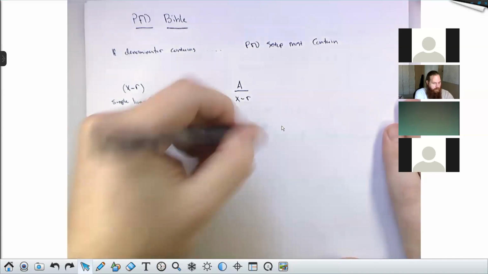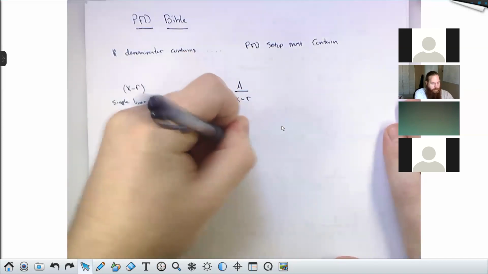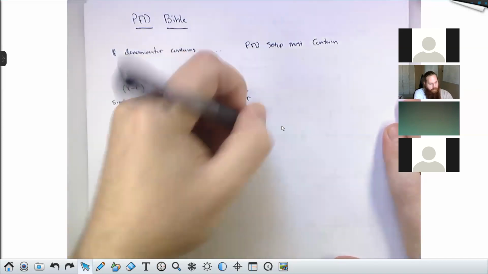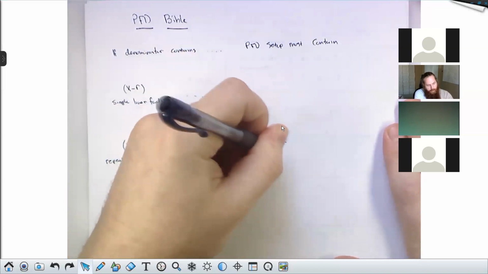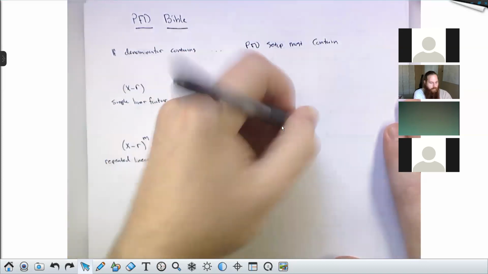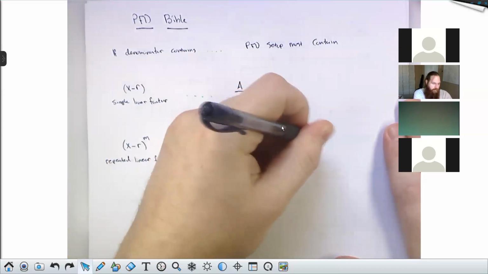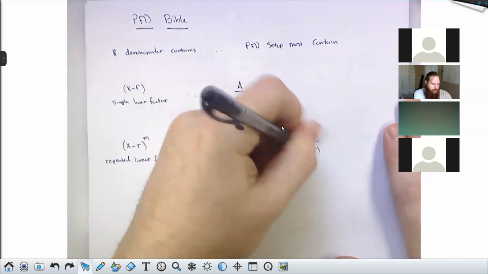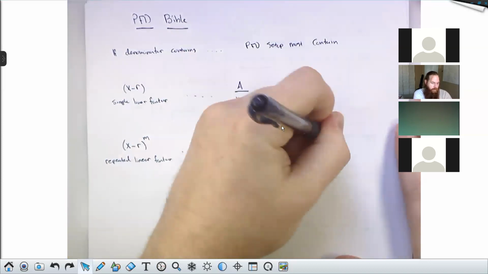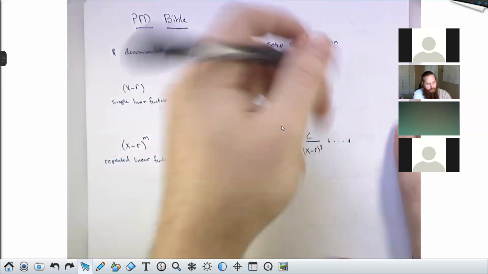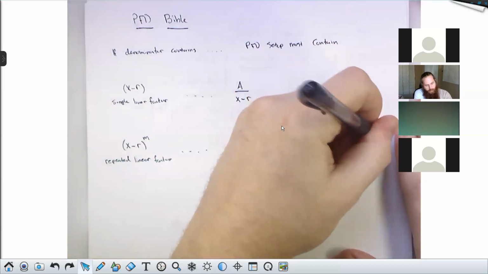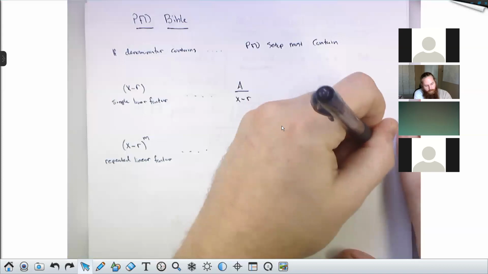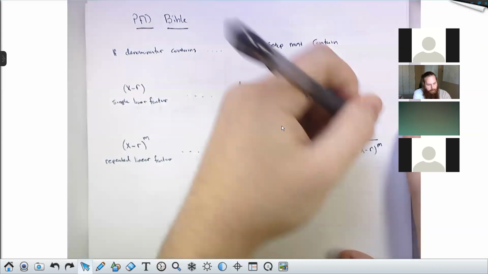Which means, yeah, you're going to have an A over x minus r, but also you could have B over x minus r squared, or C over x minus r cubed, all the way up to whatever over x minus r to the m.